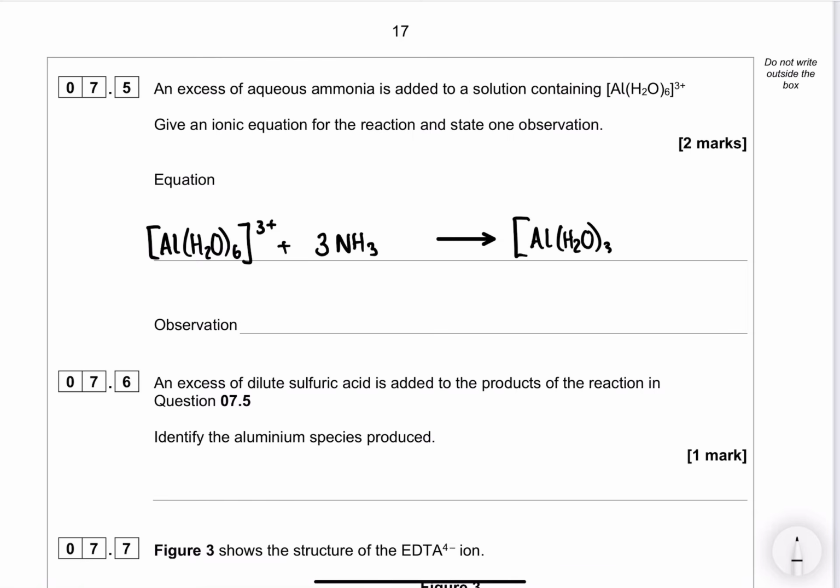So 3 of the waters will stay as they are. 3 of the waters will lose a proton. That's an uncharged species, and that's going to precipitate out. Those protons are donated to the base. The base ammonia accepts them to become ammonium ions. So this was acting as an acid. This was acting as a base. The acid donated protons to the base, and we got a white precipitate.